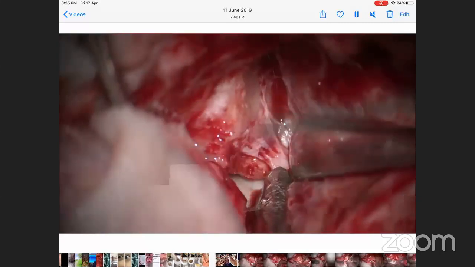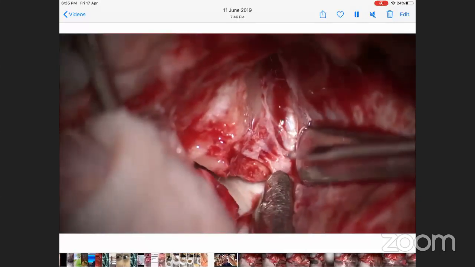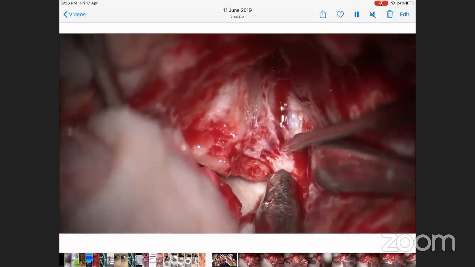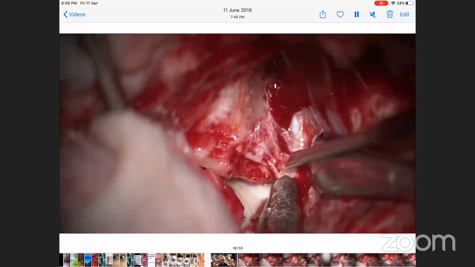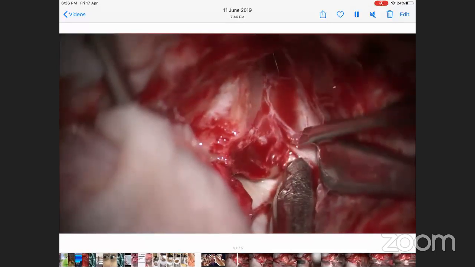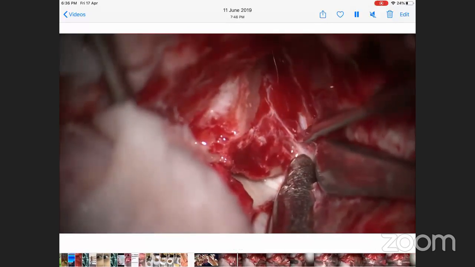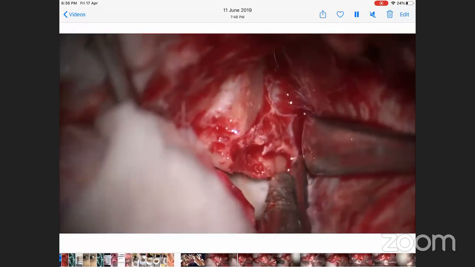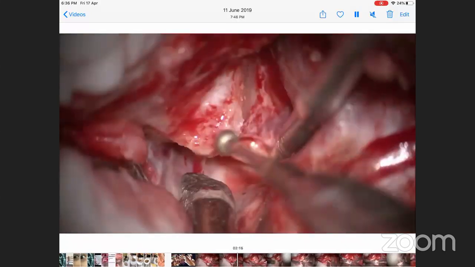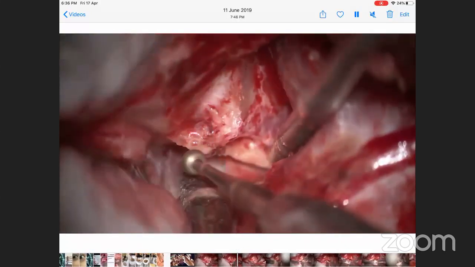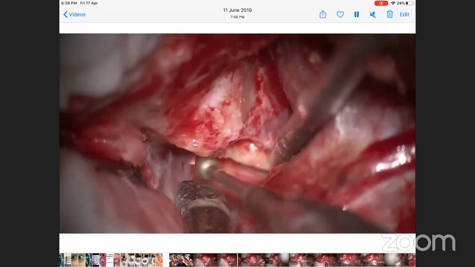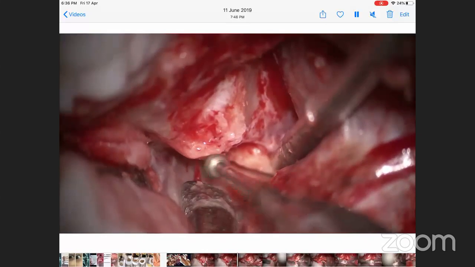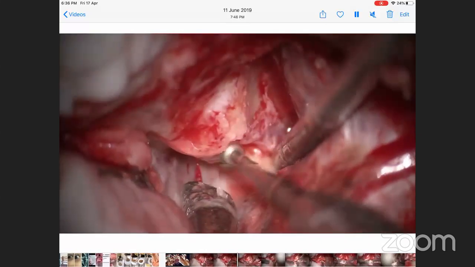I am slowly retracting away, and the orbitomeningeal band is being cut now, parallel to the superior orbital fissure. The same thing like last time. So you can see my section is parallel to the superior orbital fissure. You can see the cavernous sinus behind the superior orbital fissure. You can even see the superior orbital fissure entry, and I am taking off all the bone there.